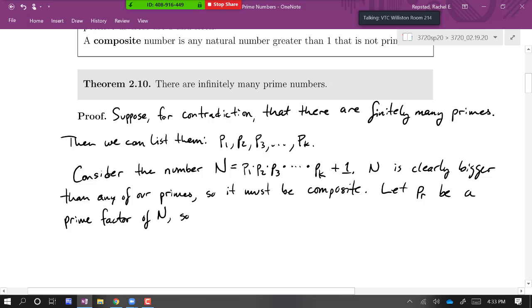So if PR divides N, that means that PR divides this product plus 1. If PR is a prime factor of N, then by our own supposition, PR has to be one of these primes, right? We said we listed them all. So it's got to be one of them. That means that we know for a fact PR has to divide the product from P1 up to PK.